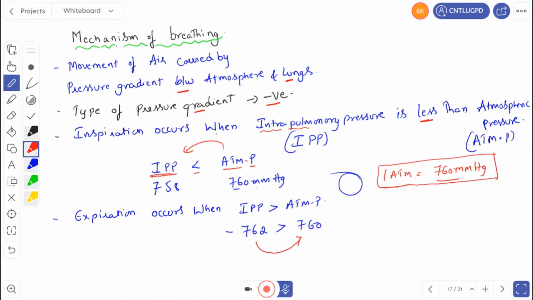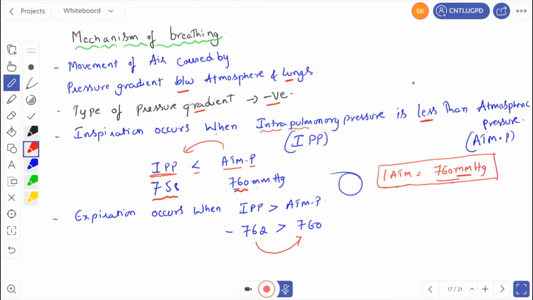Atmospheric pressure means the pressure of all the gases. Atmospheric pressure is equal to 760 mmHg. If the intrapulmonary pressure is less than atmospheric pressure, then inspiration occurs. Let us imagine that the intrapulmonary pressure is 758 mmHg and atmospheric pressure is 760 mmHg.